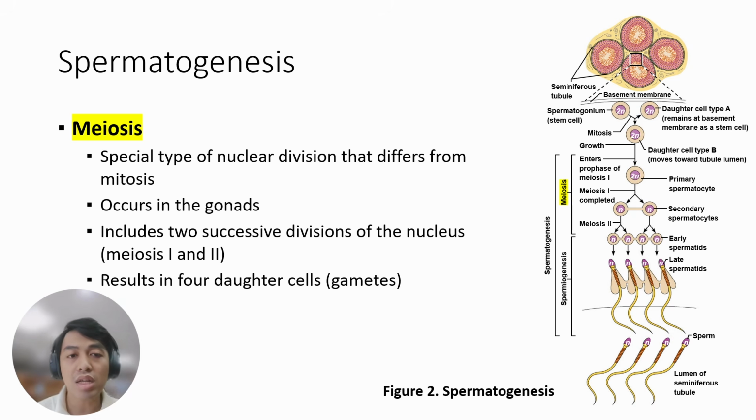So our body as humans is composed of cells that have 46 chromosomes. However, with your spermatogonium, after undergoing meiosis, the daughter cells will only have 23 chromosomes.